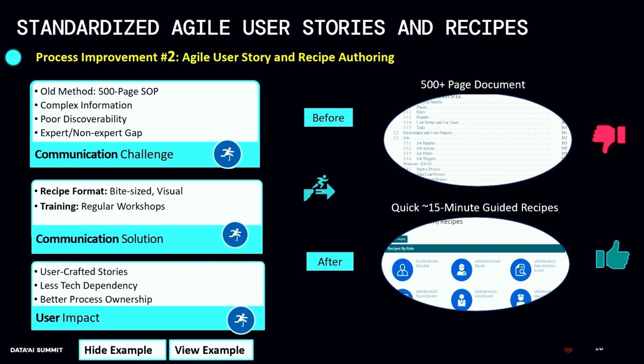The second, process improvement number 2, is agile user stories and recipes. I mentioned that there were hard lessons learned, and this is probably the hardest personal lesson learned. I worked really hard over those first 3 or 4 years and created a 500-page SOP document on everything we should all do to solve these problems and challenges.